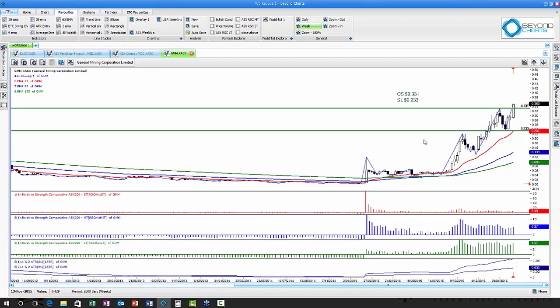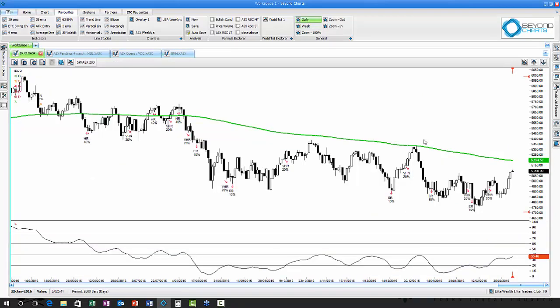So that's about it for this week. Not a lot happening on the Australian market. Obviously, our primary market, the ASX 200, it's going to take a little while for a number of stocks to get back their appropriate sort of price action, and at this point in time, it's probably going to be several weeks before we start getting those nice setups with the price action that's ticking all the boxes.